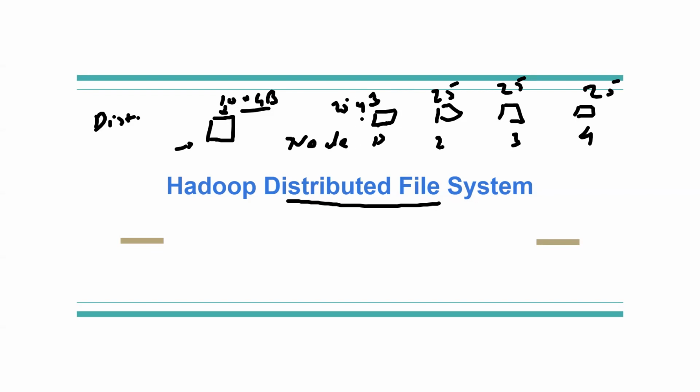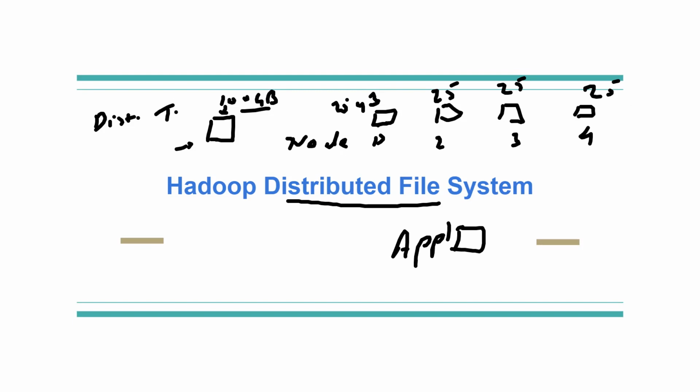Now, the advantage of this is, let's say I have 25 GB of data available in four different nodes, and I find a mechanism to process this data in parallel. Say there is a particular application, app one, and it wants to process data that is 100 GB in size.